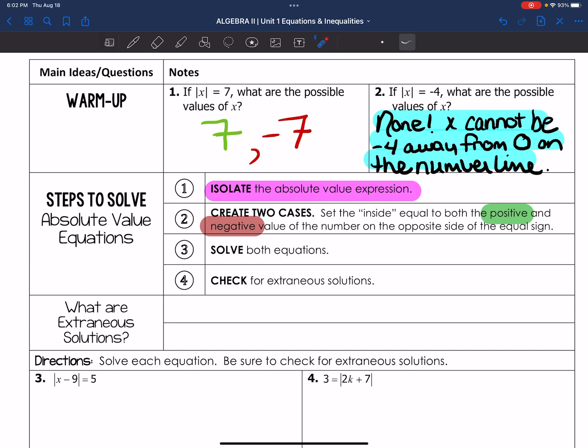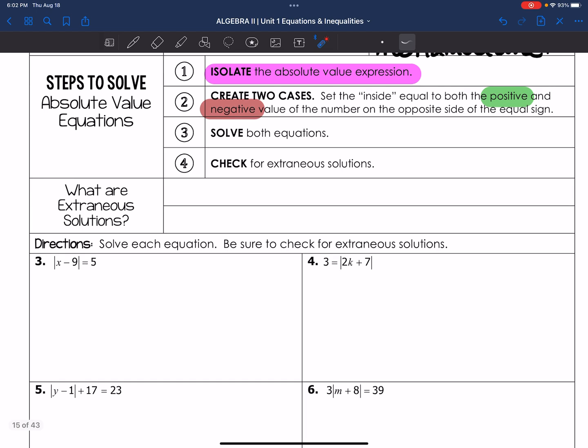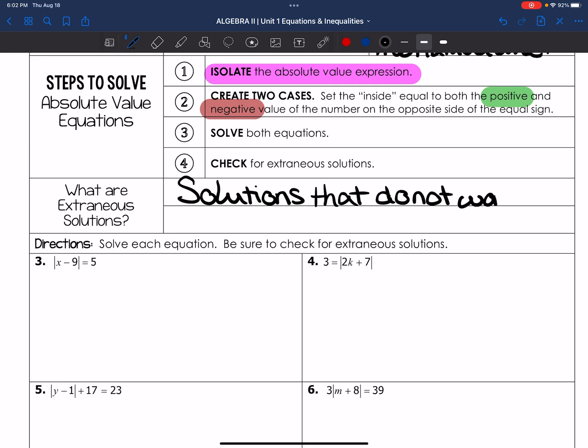Say what again? Extraneous solutions? What in the world does that mean? Let's go ahead and define that now. Extraneous solutions are solutions that do not work in the original equation.